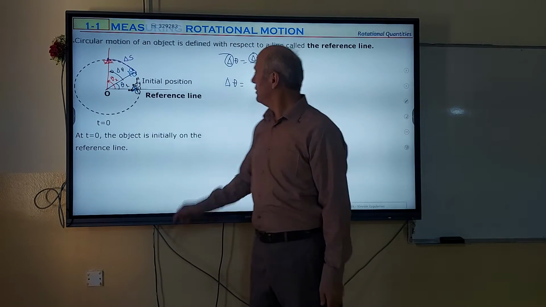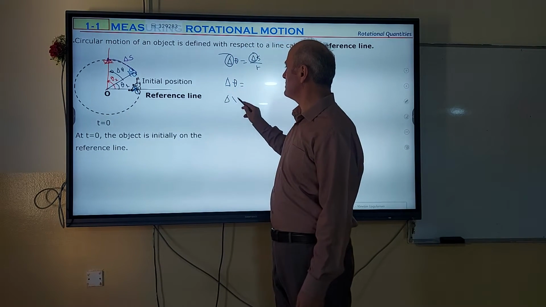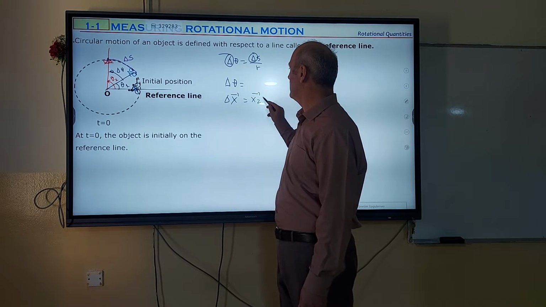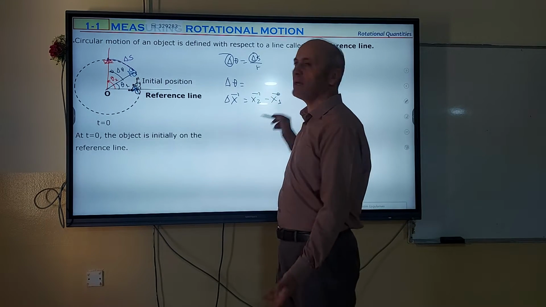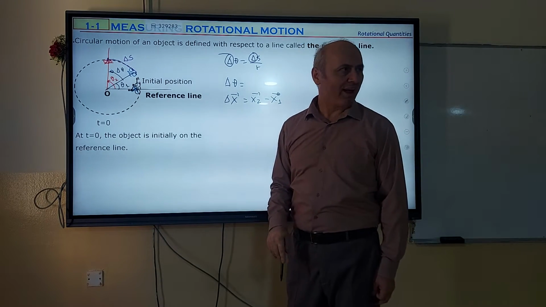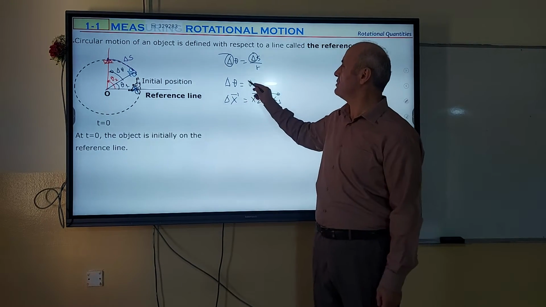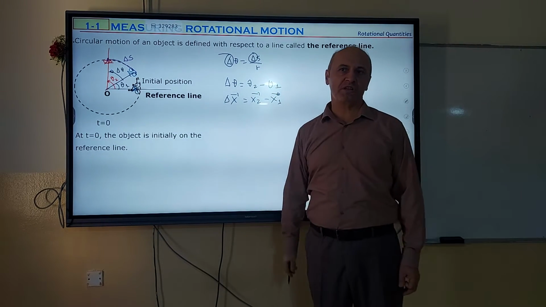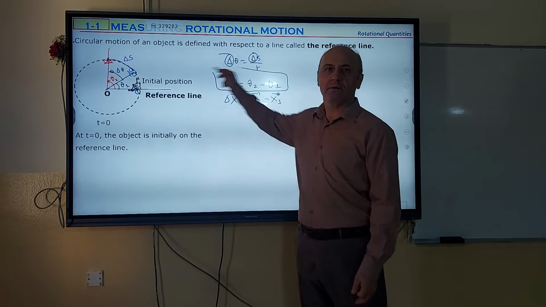Why not? In the 11th grade, you wrote this in linear displacement: delta x is equal to x2 minus x1. Why don't we do the same thing with angle? Delta theta equals theta 2 minus theta 1. One of the questions in test one was about this.